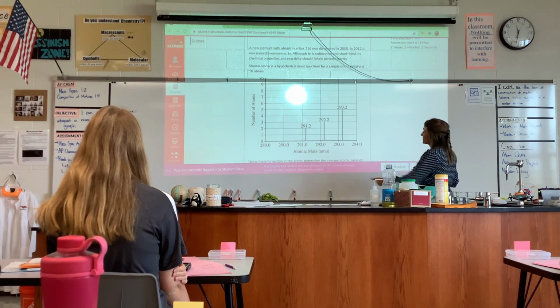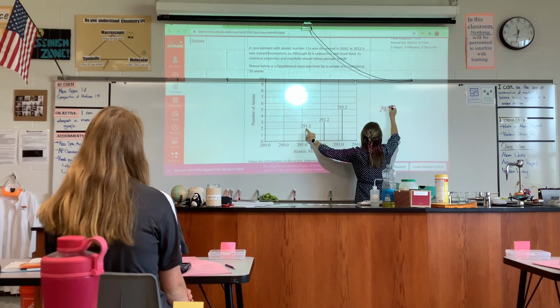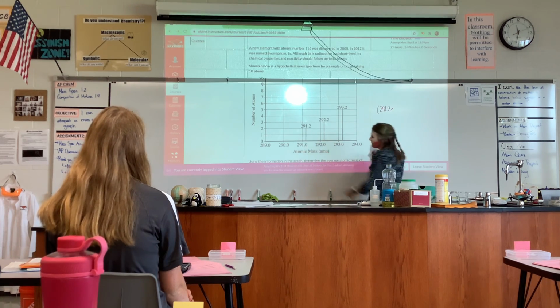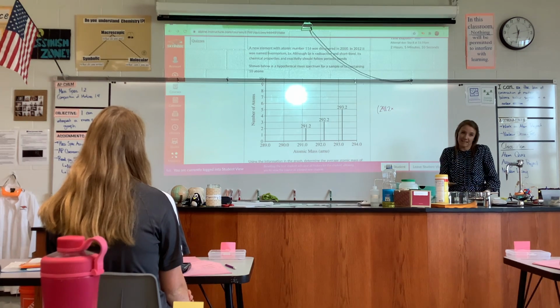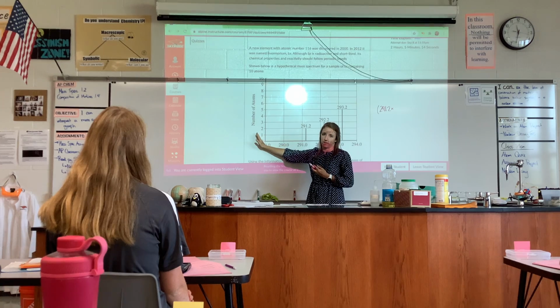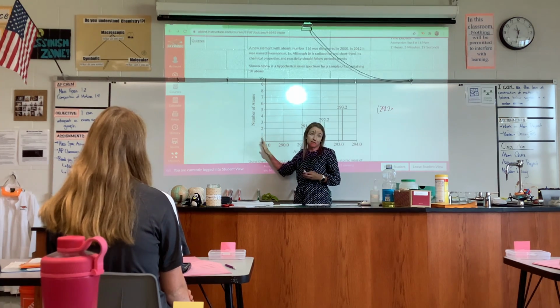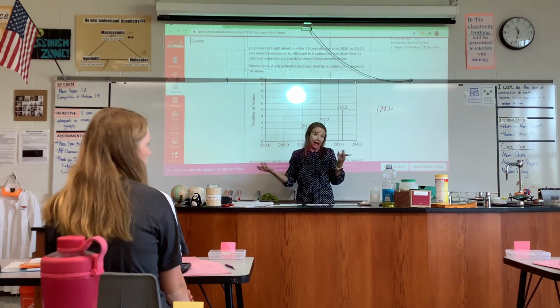Okay? Alright, so I'm going to take the mass, 291.2, and I need to times it by the percent for that thing. Now this is to show you there's a variety of ways the y-axis can be shown on these graphs. Sometimes it already is a percent, but sometimes it's by a ratio of how many were analyzed.